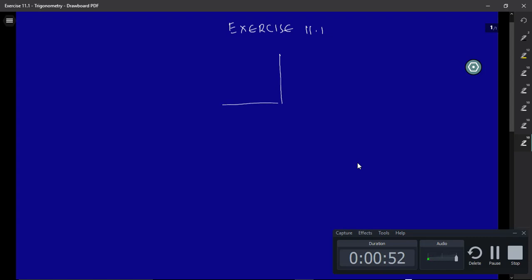So here we go. We have a right angle triangle ABC. AB is given as 8 cm, BC is given as 15 cm and AC is given as 17 cm. And we have to find out sine A, cos A and tan A values.